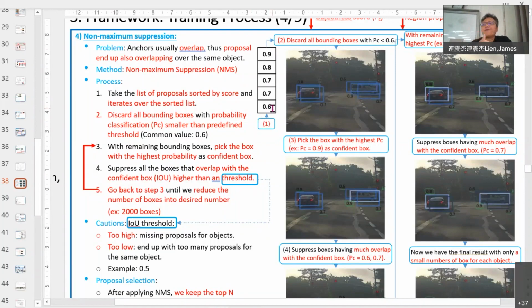Of course, 0.6 is what you define; it's not necessarily 0.6, you pick it from experience. Then for those above 0.6, we do sorting. After we sort all the bounding boxes, we pick out the first one. If the first one is 0.9, we select the one that is 0.9.